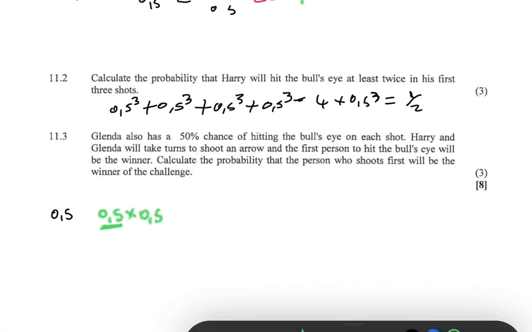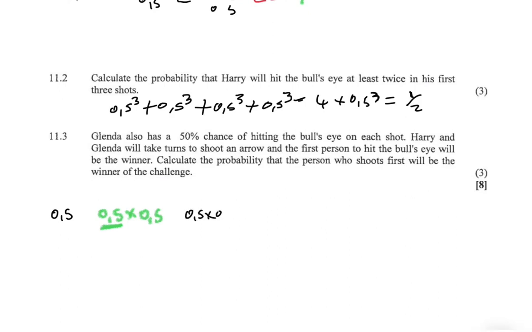And then let's assume that Glenda also misses. Then Maguire comes back and takes his second shot, right? But already Glenda has a 0.5 multiplied by 0.5 chance of hitting her shot, and we would like her to miss, so we have to carry that probability. And then when Maguire takes his second shot, we multiply that by 0.5.